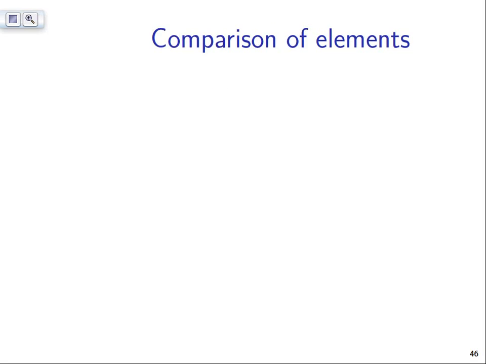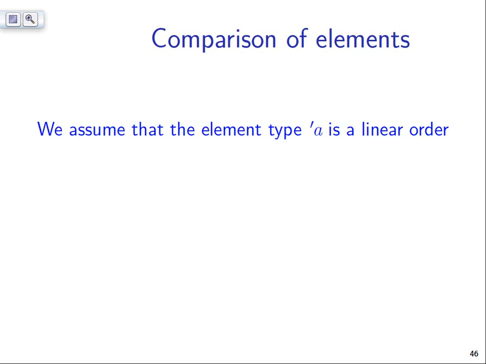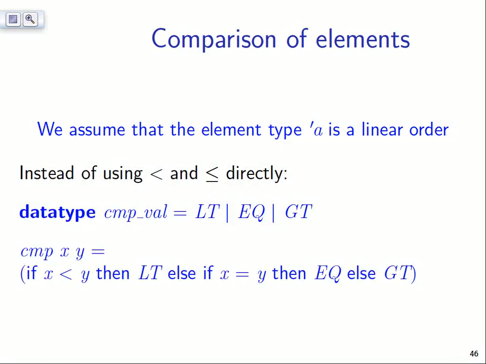How do we go about comparing elements? Well, just for aesthetic reasons, not really for formal reasons, we assume, of course, that the elements are linearly ordered. I already said that. And instead of using the less than and less or equal directly, we introduce a new data type comparison value that has the constructors less than, EQ, and greater than, and then we define this compare function, and if x is less than y, we return less than.